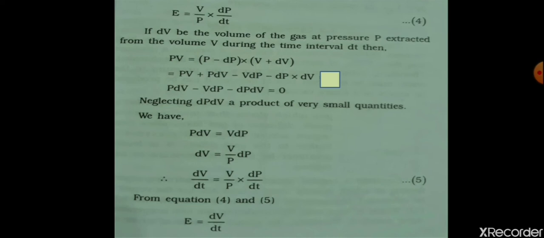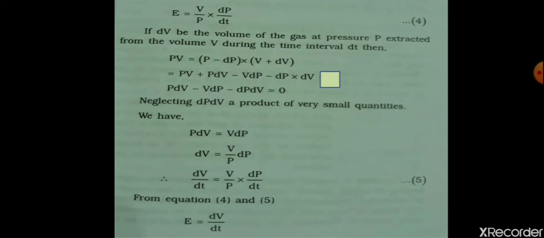If dV is the volume of the gas at pressure P extracted from the volume V during the time interval dt, then PV is equal to, in place of P we write P minus dP, in place of V we write V plus dV, as pressure decreases as volume increases. Multiplying the bracketed terms, you will get PV plus PdV minus VdP minus dP into dV.